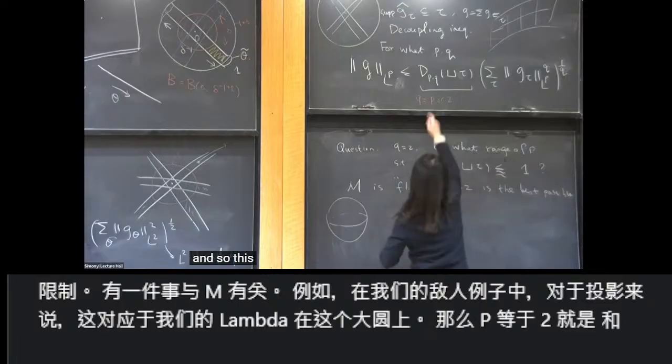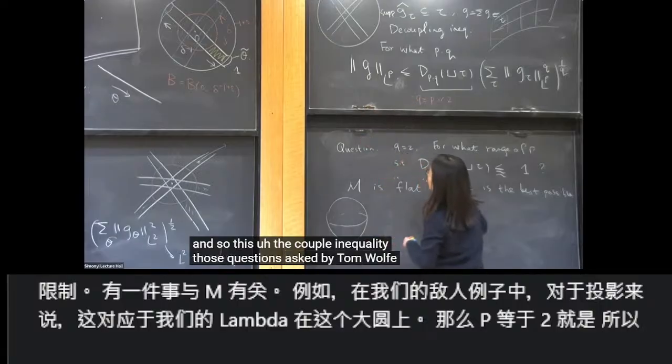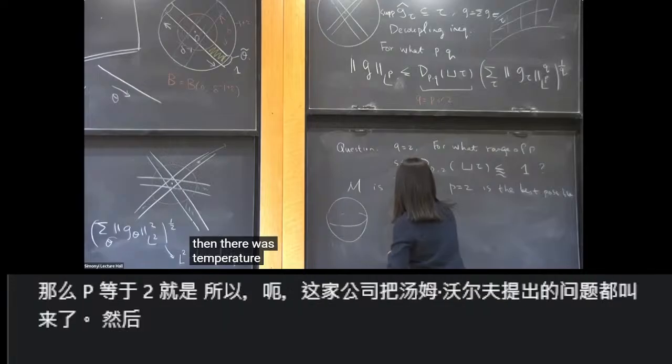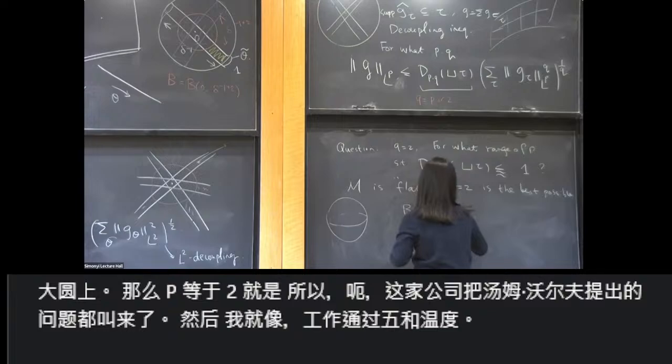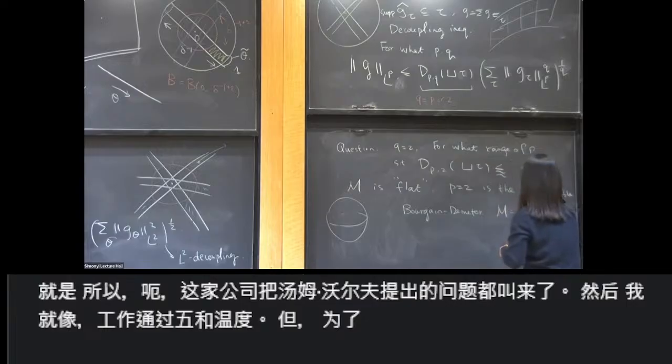And so this decoupling inequality, those questions were asked by Tom Wolff, and then there was a breakthrough by Bourgain and Demeter, where they proved it for M to be a paraboloid and cone.